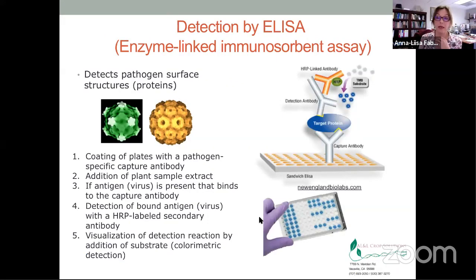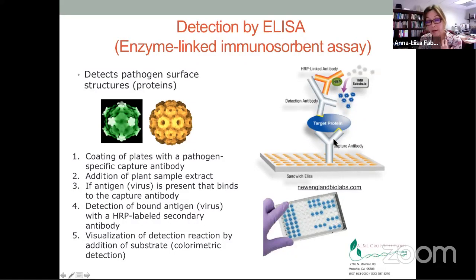Here is an example of an immunoassay that can target viruses. You need an antibody. Often they are made in animals. They can also be man-made monoclonal antibodies. They are bound on this type of plastic plate in the bottom of this well.